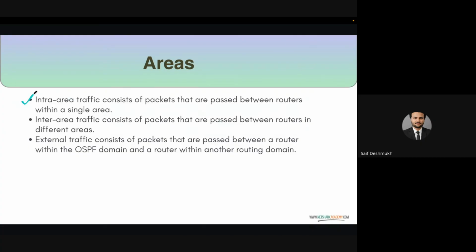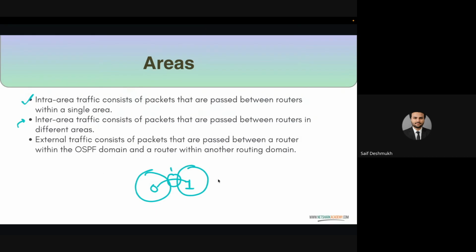It is traffic between the same area. If a route has been passed through with the help of that ABR, where the source was area 0 and in area 1 that information came in, it became a route from another area, an inter-area route.